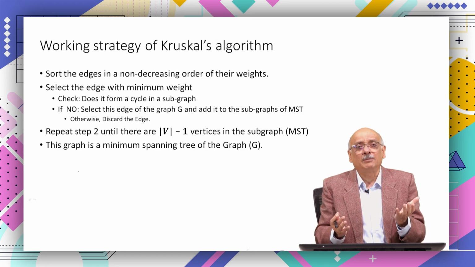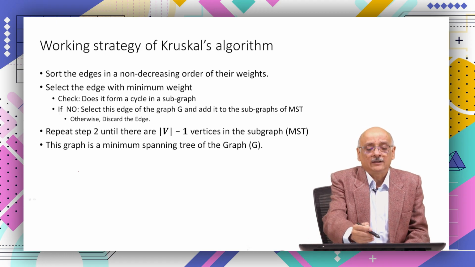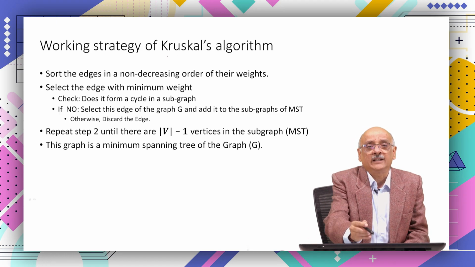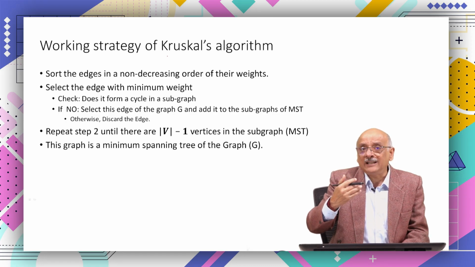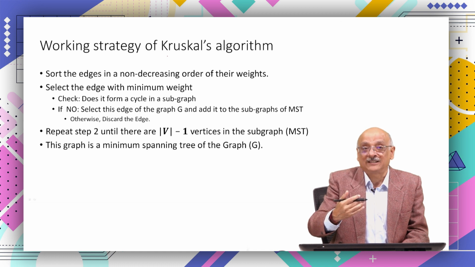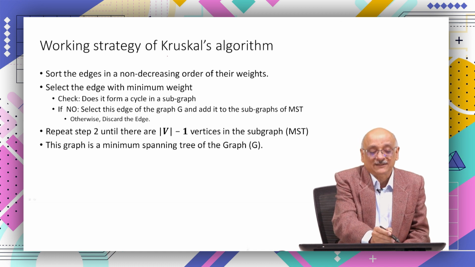Now let us talk about Kruskal's algorithm and how it works. The Kruskal algorithm is a very interesting algorithm, a greedy algorithm. So the greedy approach is basically that we have to greedily select the edges. Now if we have to greedily select the edges, what is the first step we will do?